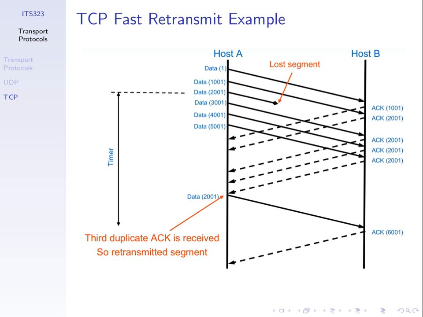It's not always the case. There are some cases where it will not benefit, but in most practical cases, receiving 3 duplicate ACKs will happen before a timeout occurs, and we can improve the performance. If we don't receive 3 duplicate ACKs, then we still wait for a timeout. If a timeout does occur, we will still retransmit. So it's a small optimization which can be quite useful in practice.